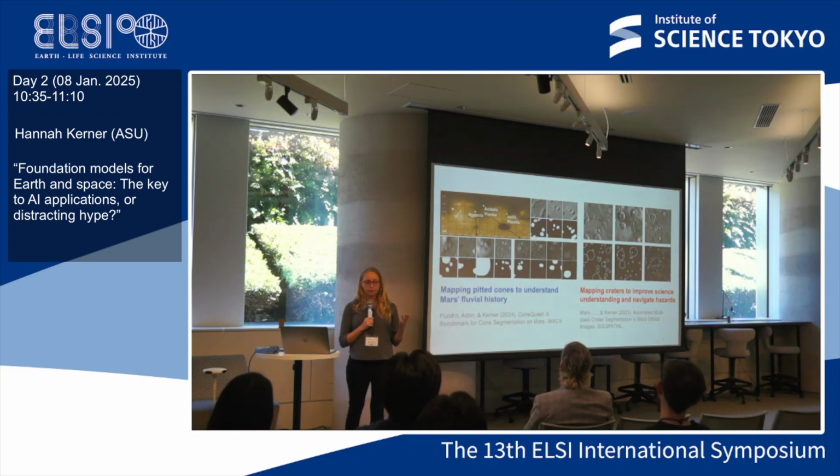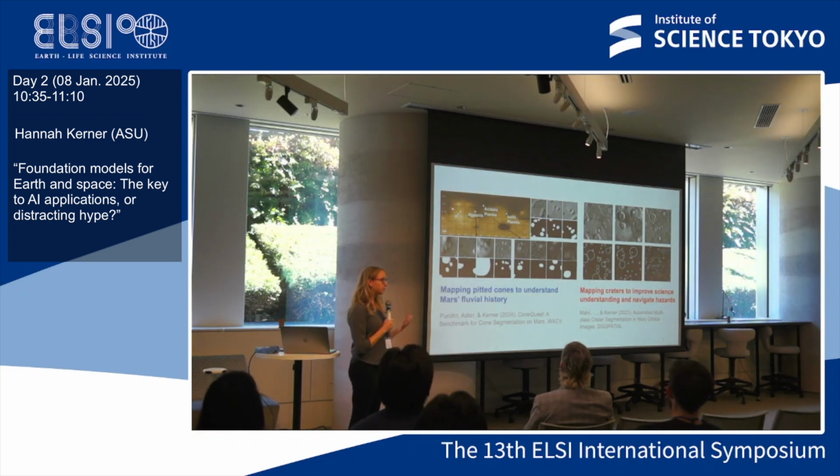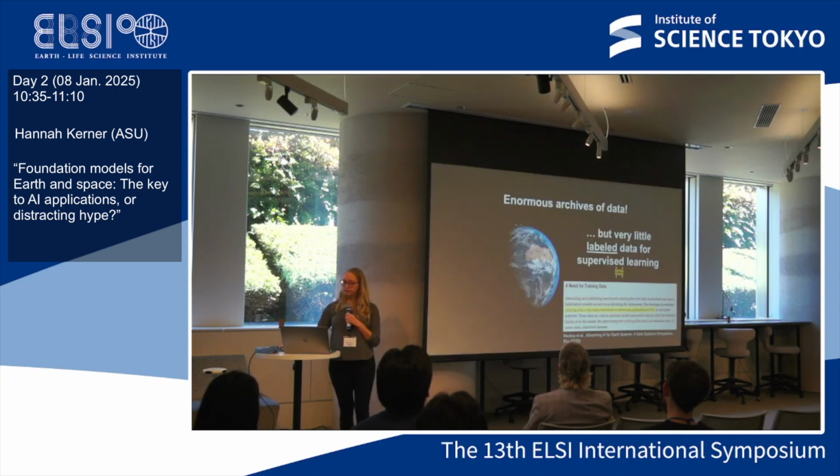So for example, some projects we're doing in my group in this area are mapping pitted cones across the global surface of Mars to help scientists understand the water history of Mars, and mapping craters and other kinds of features to help with better hazard navigation and answer other planetary science questions.